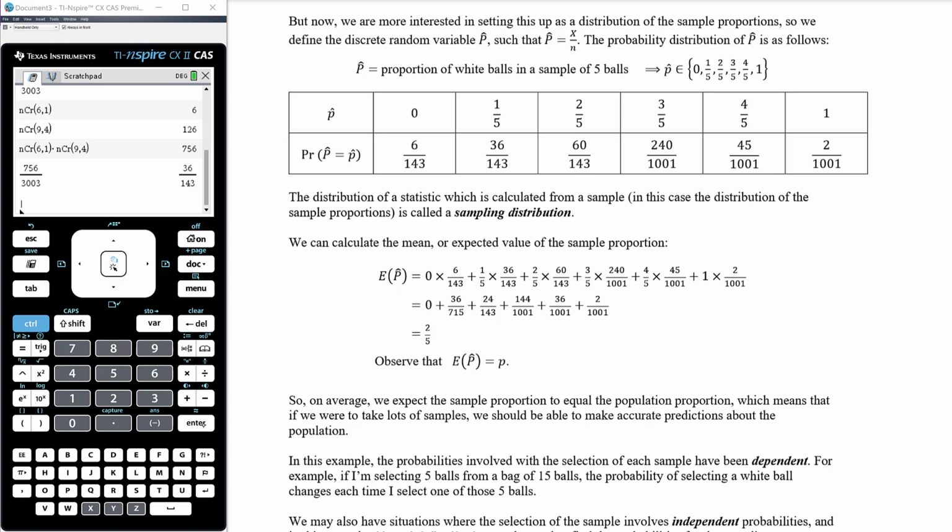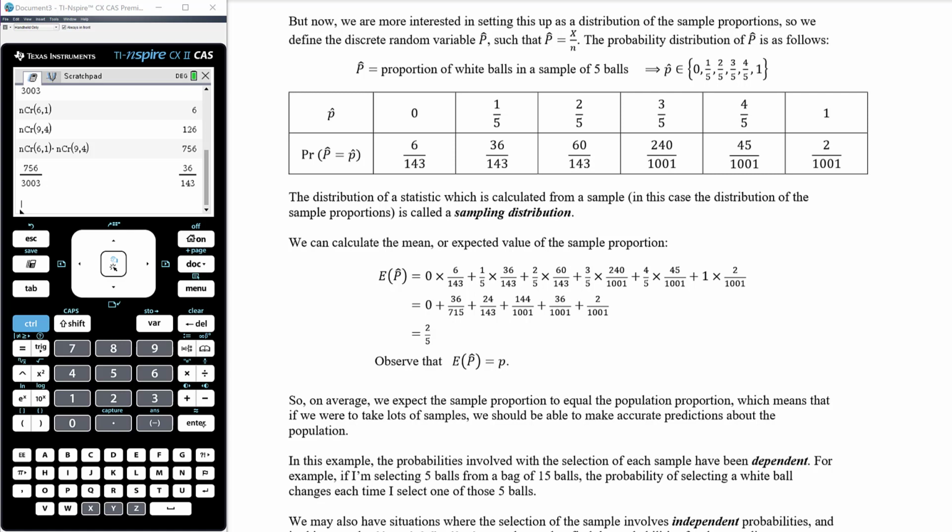We can calculate the mean or expected value of the sample proportion in the same way that we calculate the mean for any discrete probability distribution: 0 times this, 1/5 times this, plus 2/5 times this, plus 3/5 times this, plus 4/5 times this, plus 1 times this. When we do that calculation, we get that the expected value of p hat, the expected value of the sample proportion, is 2/5, which we know is p.